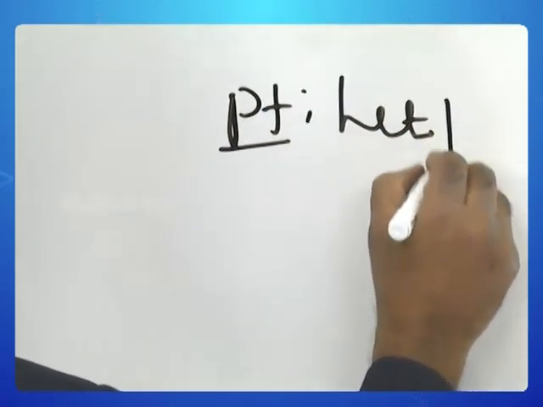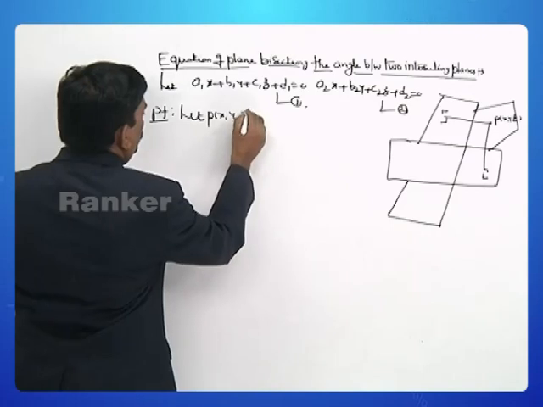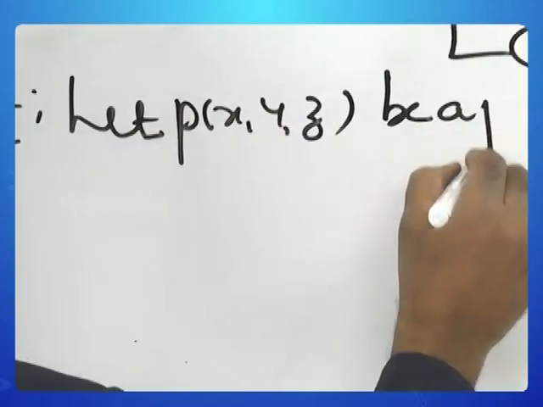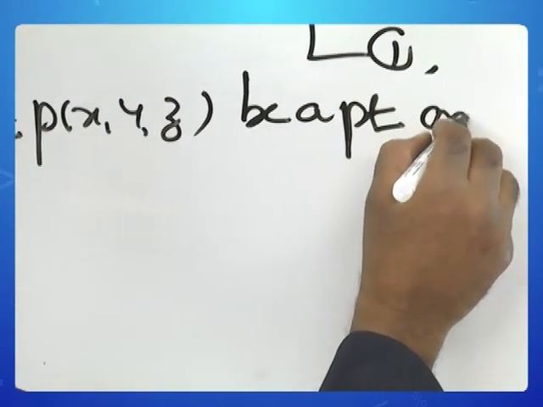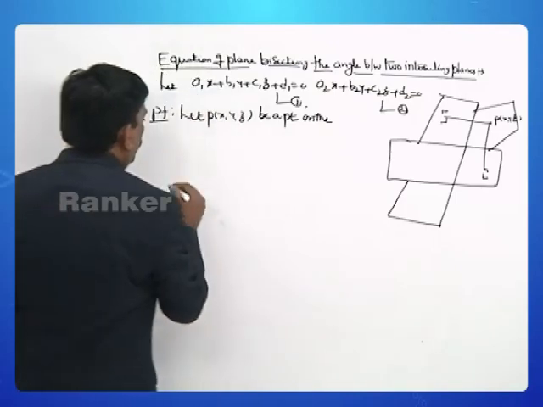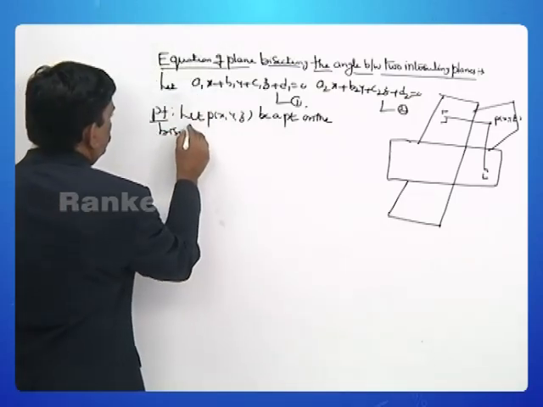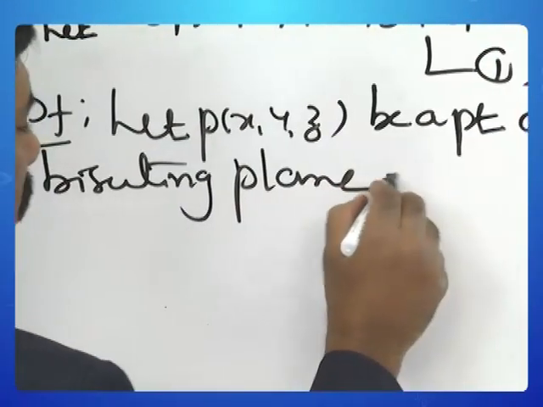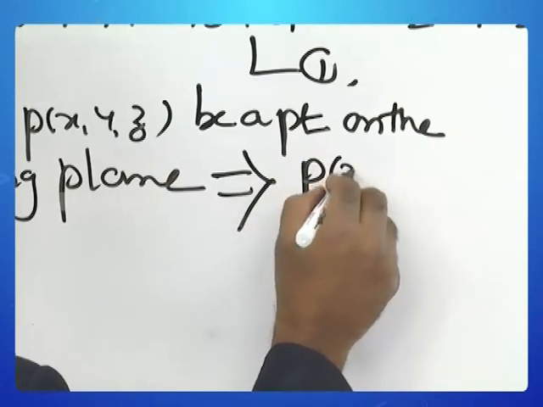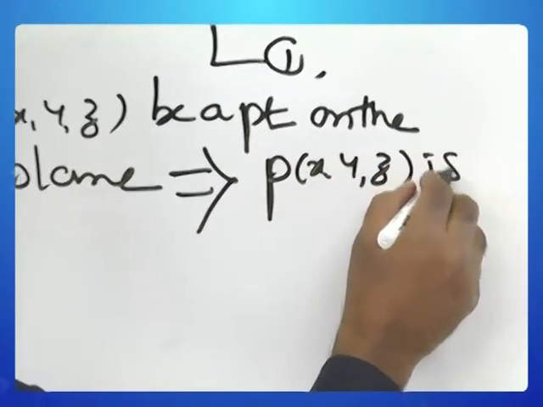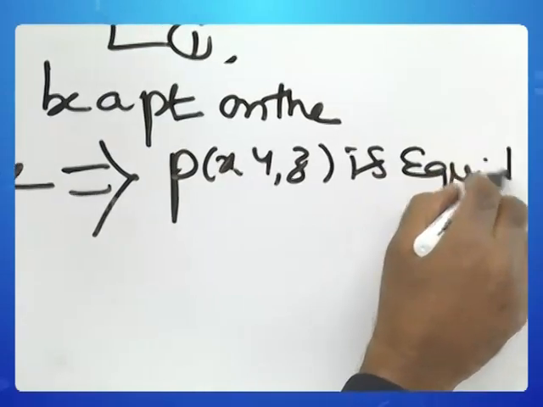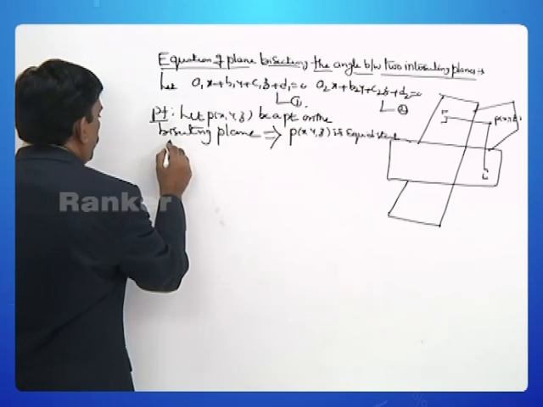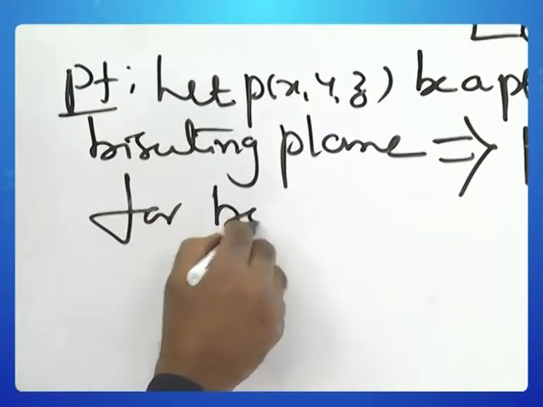Let P of x comma y comma z be a point on the bisecting plane, which implies P of x comma y comma z is equidistant from both the planes.